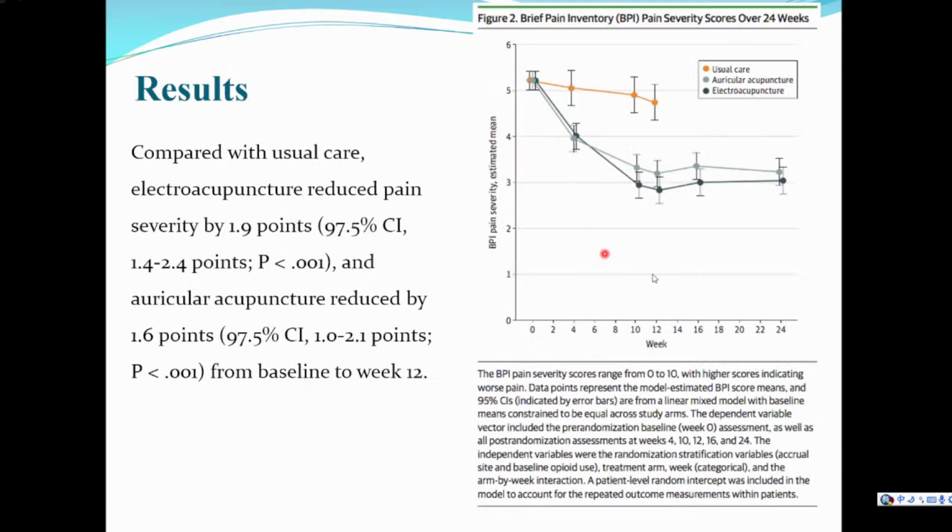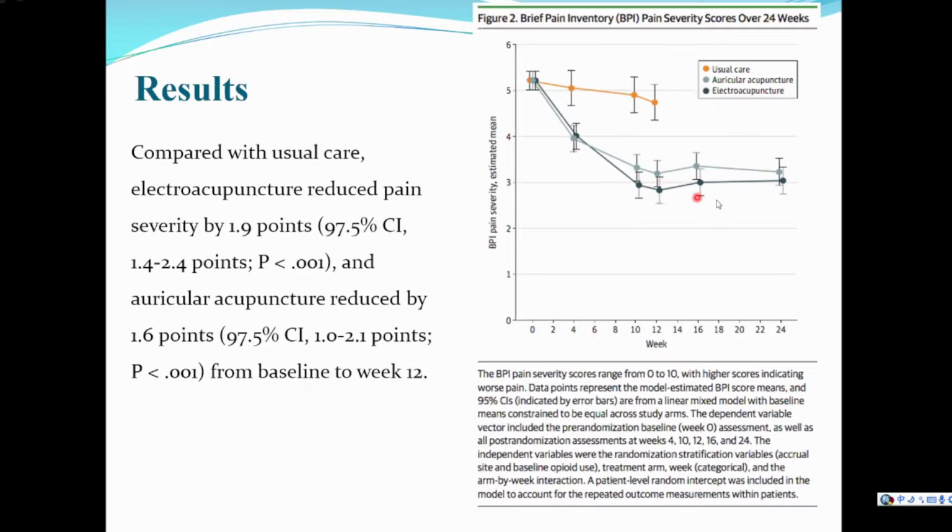Okay. So let's look at an example. If we look at the paper we just showed you earlier, these two lines show a significant difference compared to usual care. But if we compare acupuncture, electric acupuncture, and auricular acupuncture, which is better? No difference, because both are effective, both improve from a pain level of 5 down to 3.